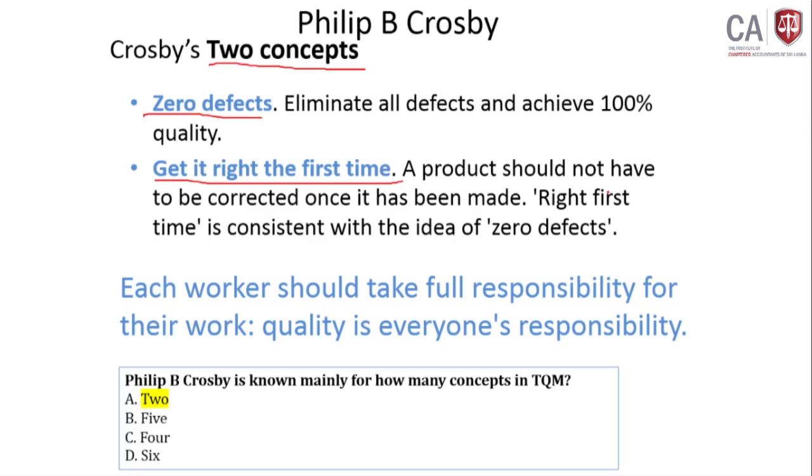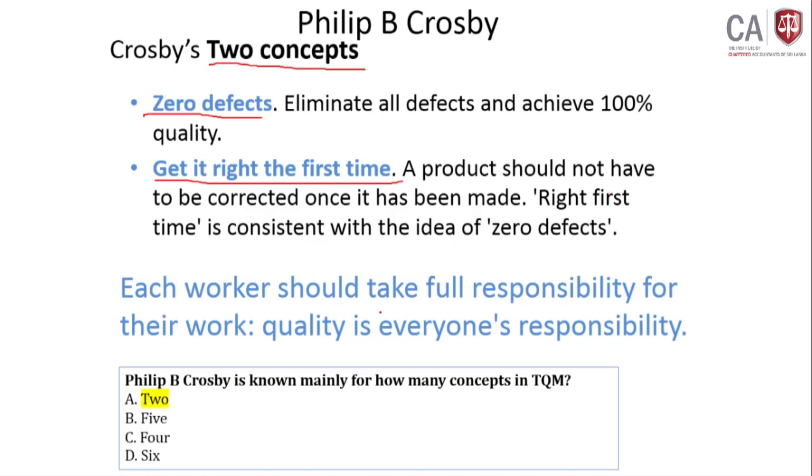Then the market will accept it and use the product, and after using it you don't see any defect. Then of course their recognition goes up. That's why we see that they are good in vehicles. Japanese people are very good in developing vehicles. There are some vehicles which had some defects, but what Crosby says is there should be zero defects the first time.